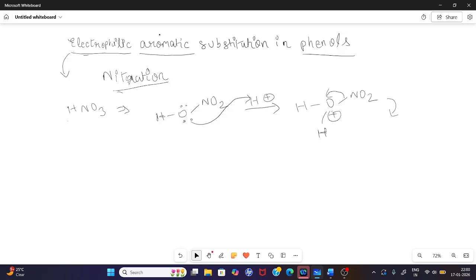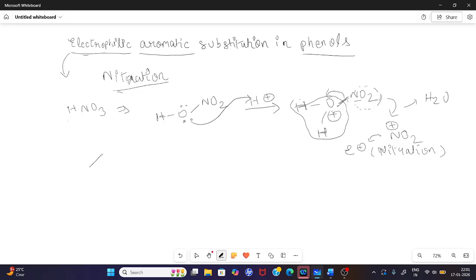So to neutralize it, it will move there. You get water, that is H2O, which will leave. And since this bond has been broken, now the nitrogen center, the NO2 group, will be the positive charge containing group. So you get NO2 plus from here, and this is the electrophile in the case of nitration.